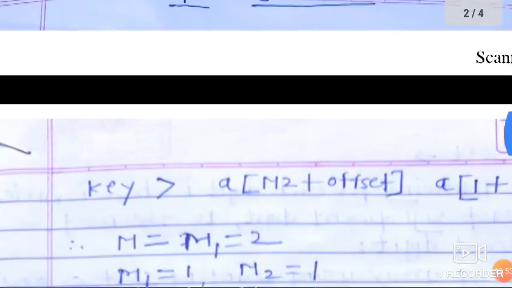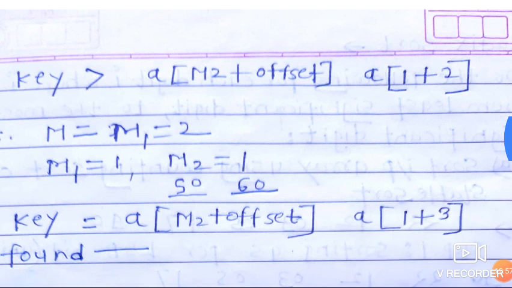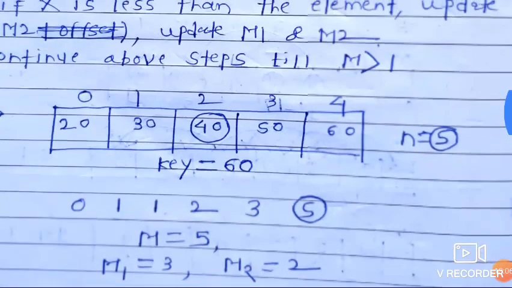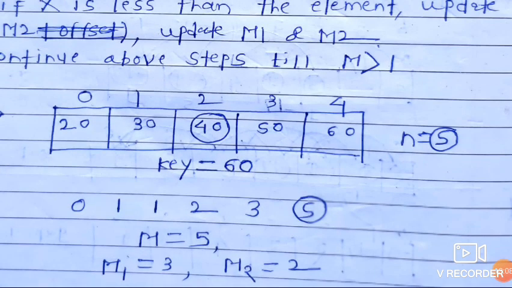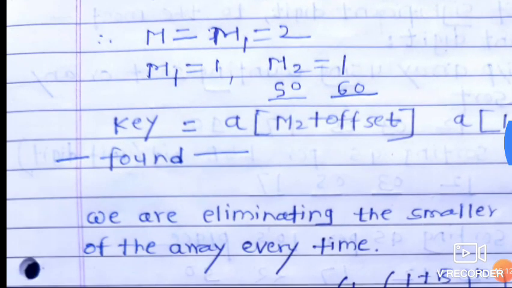That is, we compare key with a of 1 plus 3, where 1 is the value of m2 and 3 is the offset, so a of 4. A of 4 is 60, and key is also 60. Here we can say the key is found.